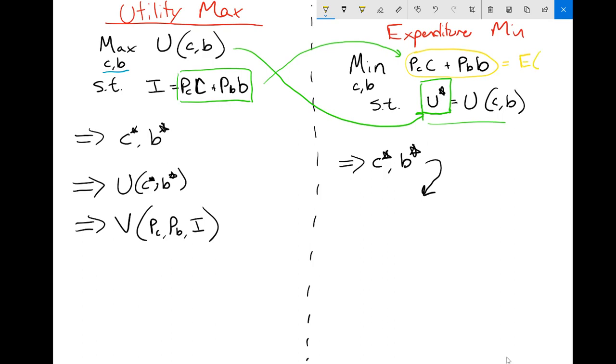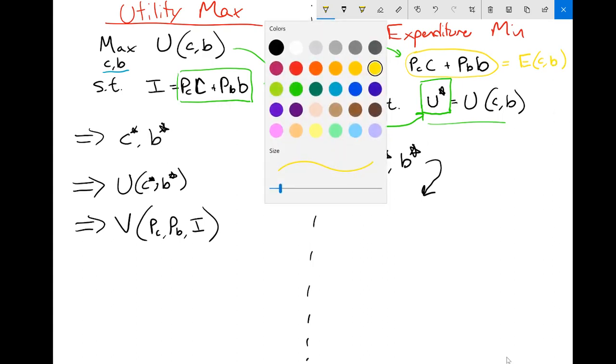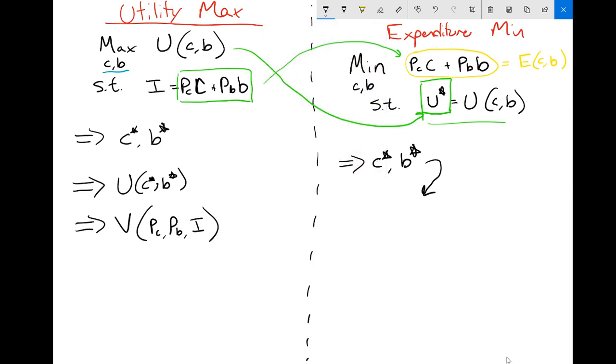Let's label it E of C and B. We're going to take those optimal values, plug them into the expenditure function, and this will be equal to what we will call the optimal expenditure function.